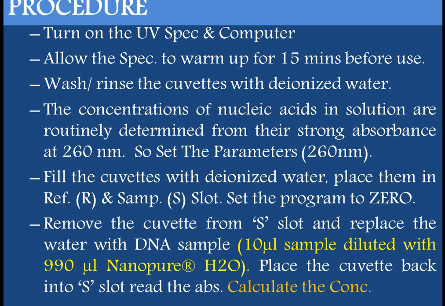Fill the cuvettes with deionized water. Place them in the reference and sample slot. Set the program to 0. Now remove the cuvette from the sample slot and replace the water with the DNA sample. Place the cuvette back into the sample slot. Read the absorbance. Kindly do not use the concentrated DNA that you have isolated.